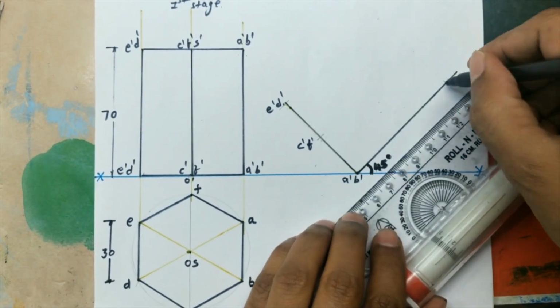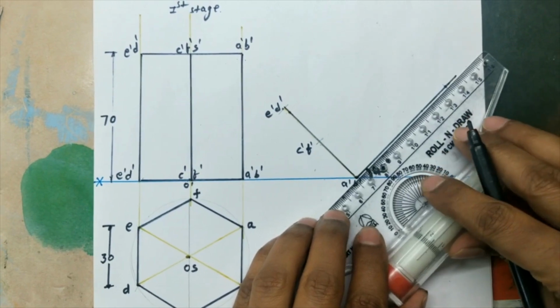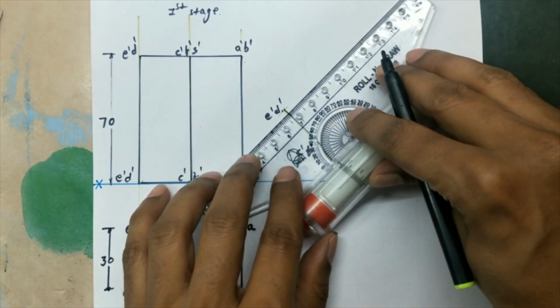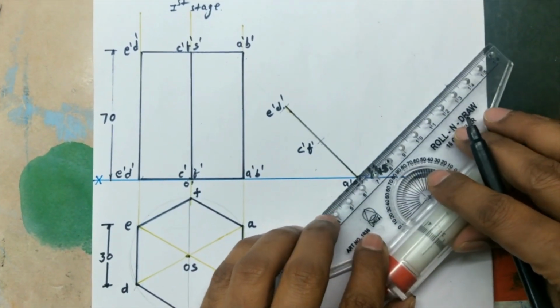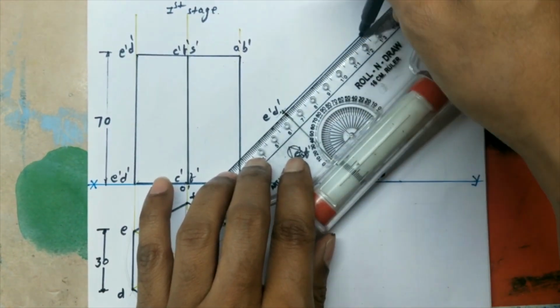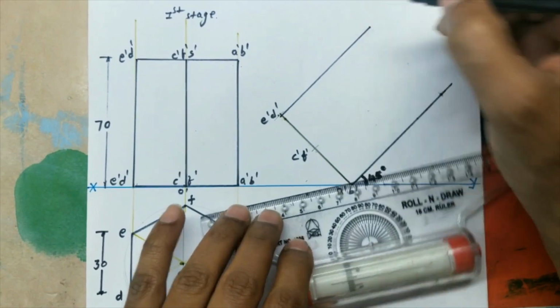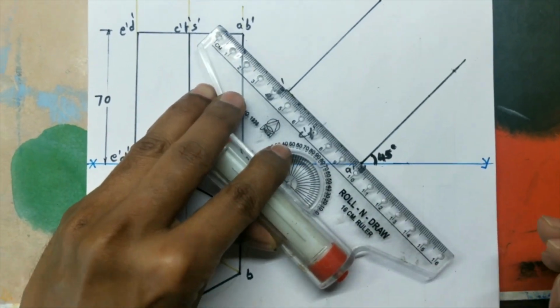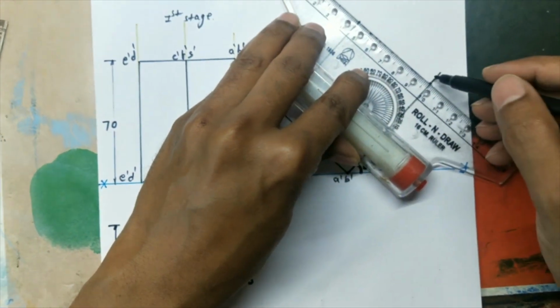This is 70 here up to this position. Here it is 70. With respect to this, again draw a parallel line.